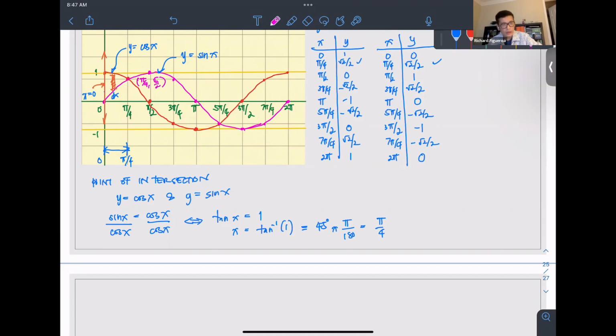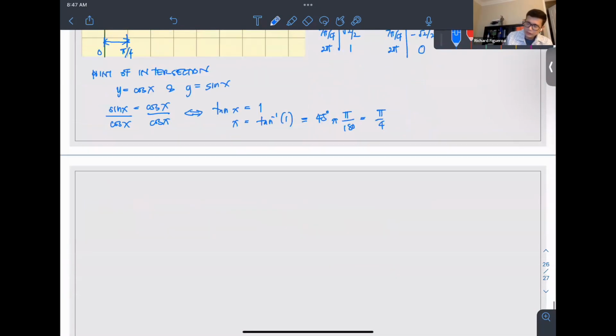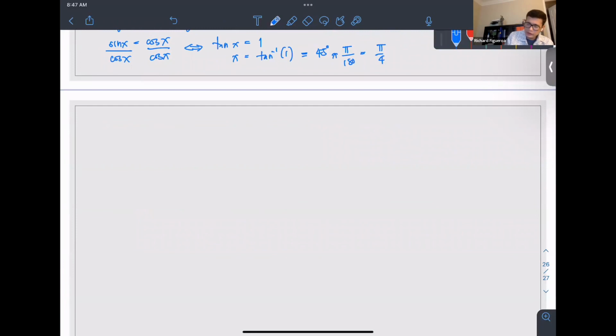But since the strip involves dx, our interval should come from the x values, that is 0 to pi over 4. Our formula for area will be y upper minus y lower.